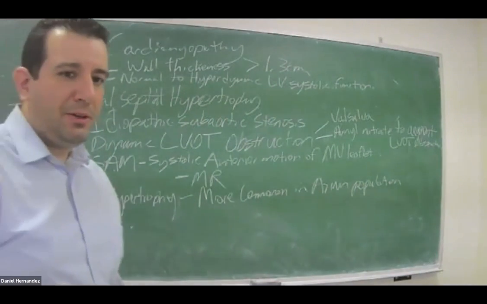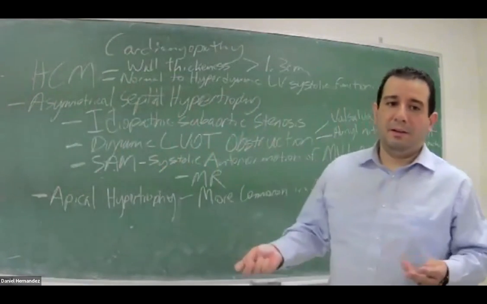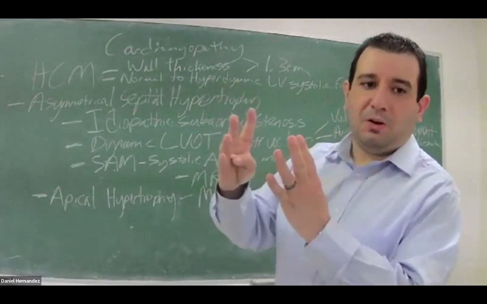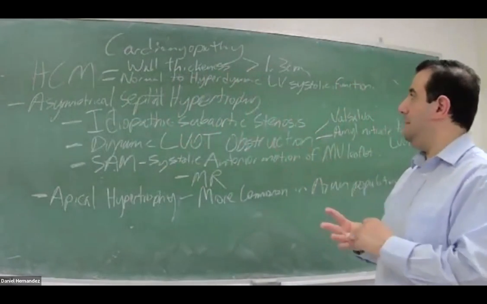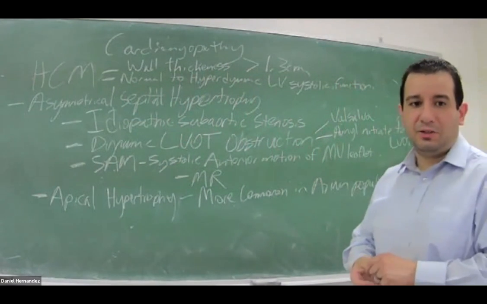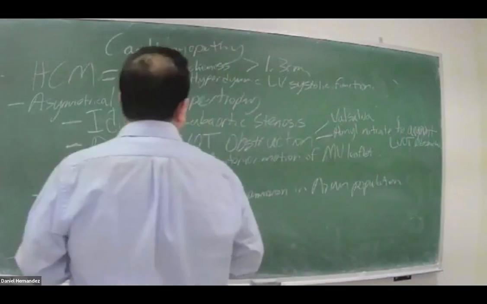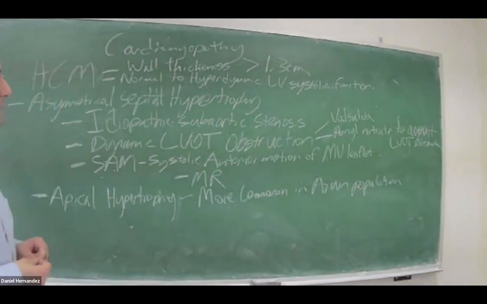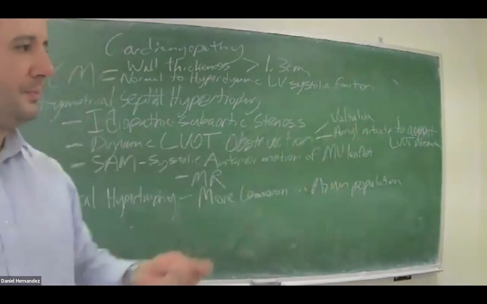So sometimes with these patients, the muscles have become so thick that the cavities become so small that pretty much all of the blood that enters is getting ejected. So they can have a hyperdynamic systolic function.